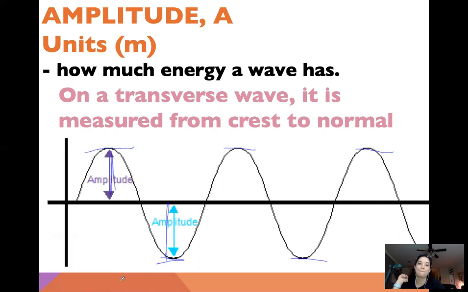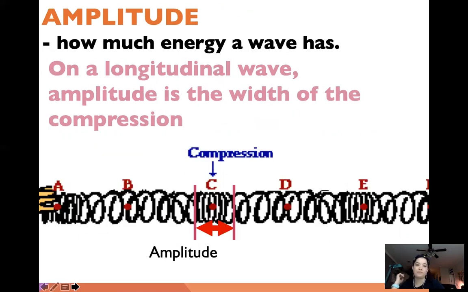Okay? Cool. On a longitudinal wave, our amplitude is the width of the compression. Simple as that. And again, the amplitude will not change throughout the wave if you keep the wave consistent.